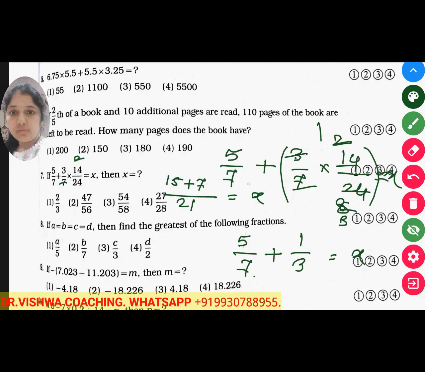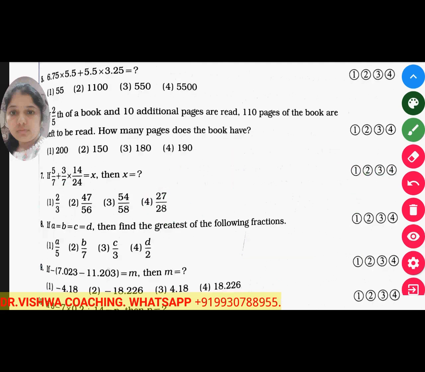Sorry, 3 8s are 24, not 6. So 2 1s are 2, 2 4s are 8. So it is 1 by 4. So what is remaining? 5 upon 7 plus 1 upon 4 is equal to x. So the common denominator is 28. Now here 20 plus 7. So what is the value of x? This is 27 upon 28. Okay.